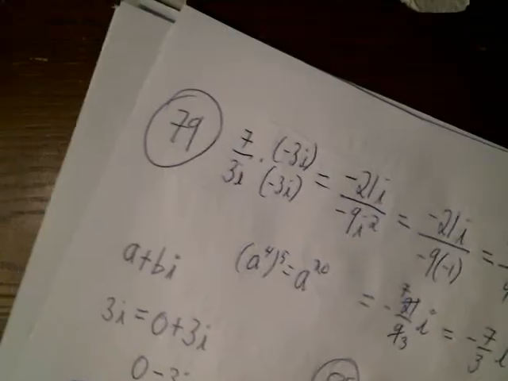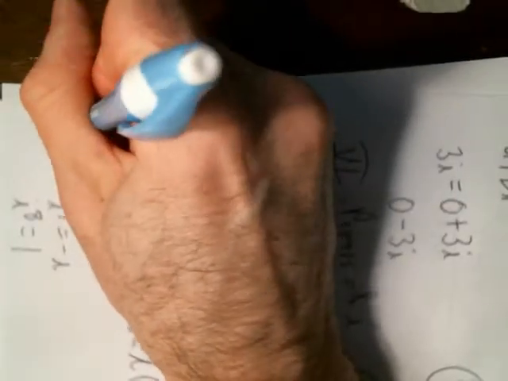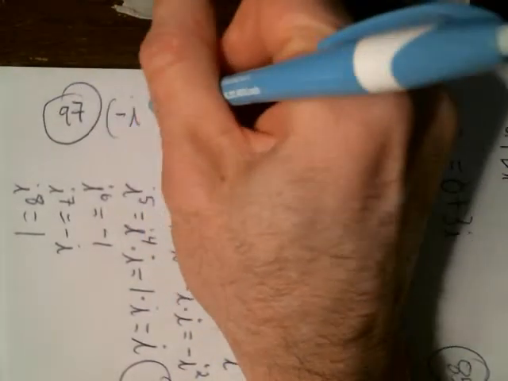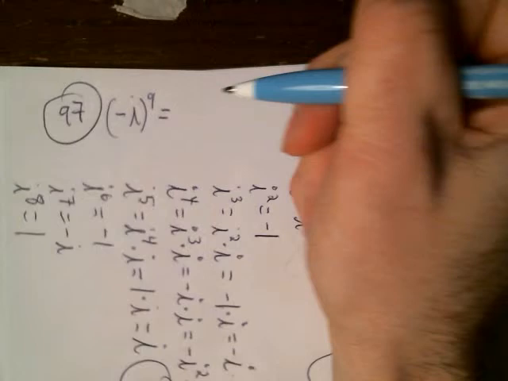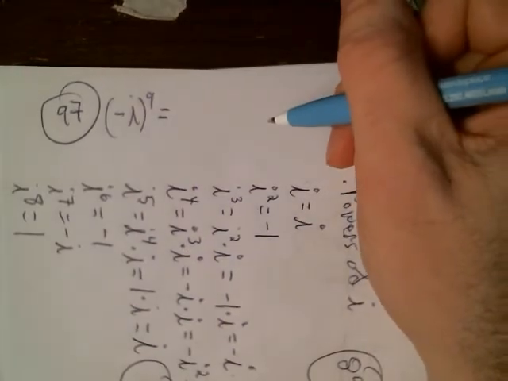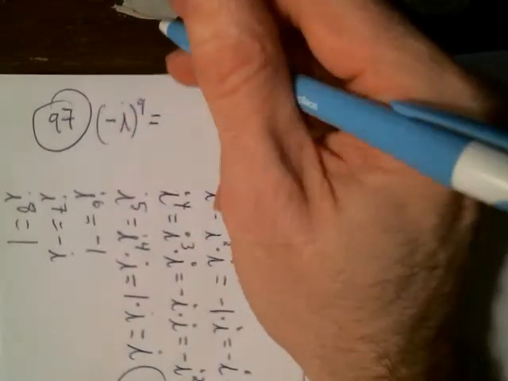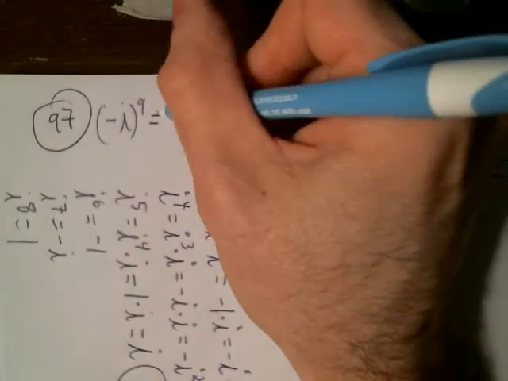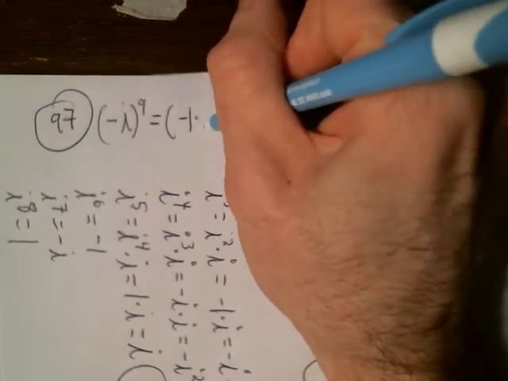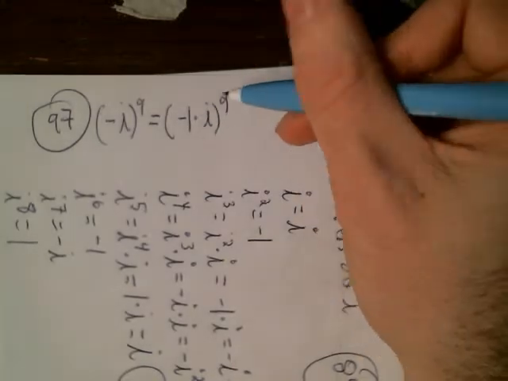Okay, one more, and the clock quits. So this will be 97. And this time we have -i to the 9th. Okay, so one way you could think of it as -1 times i to the 9th. And then you have a product to a power.